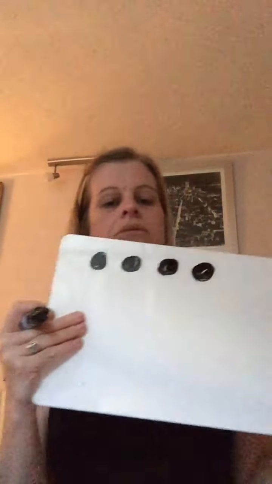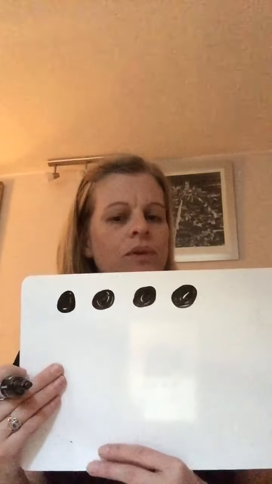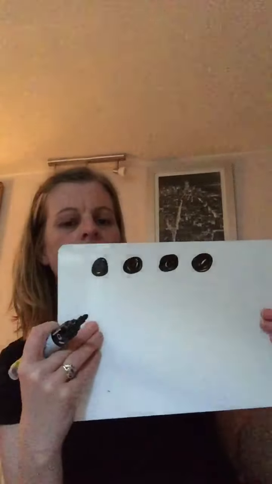And those 4 counters, I want you to try and split them into quarters. Now let's think. How many groups are we going to create if we're finding a quarter? We're going to create 4 groups. So how many are you going to have in each group?